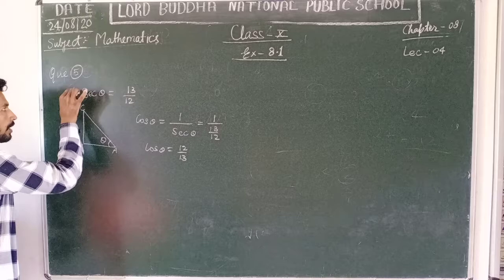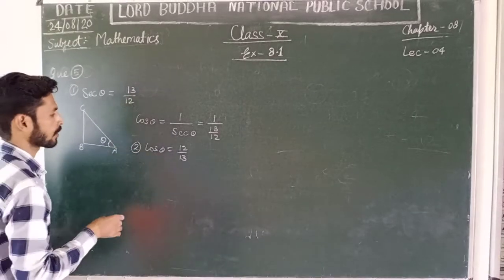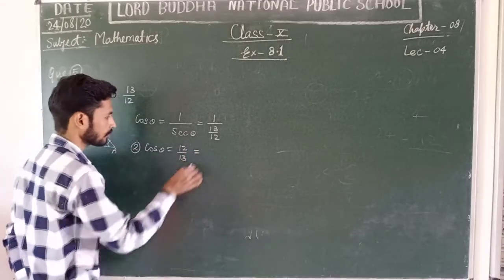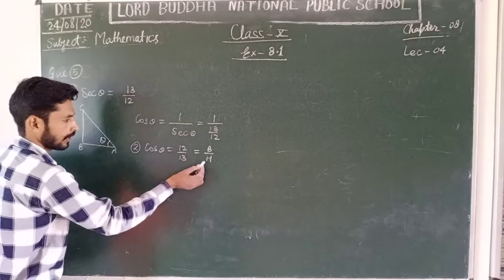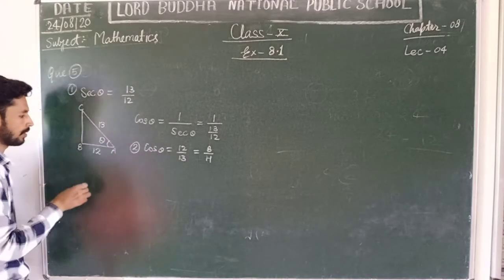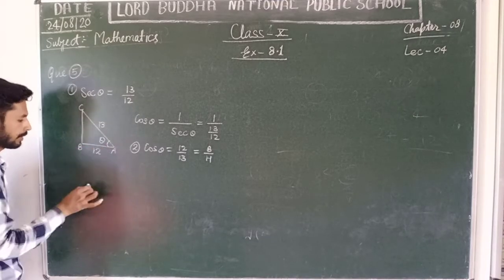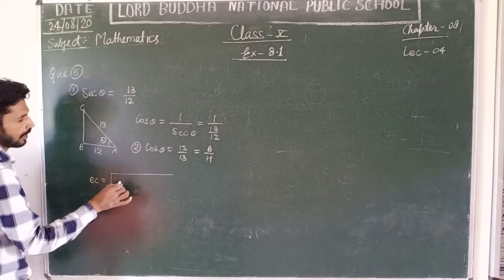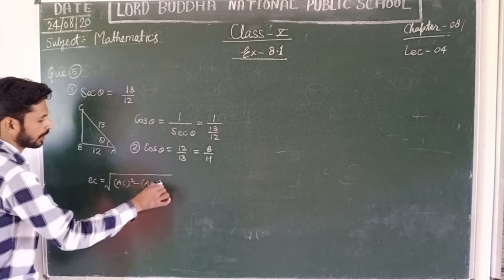So one trigonometric ratio is given and we have found the second, that is cos theta, and we know that cos theta is the ratio of base upon hypotenuse. So we can say hypotenuse is 13 and base is 12. By the Pythagoras theorem, perpendicular BC equals under root of hypotenuse AC square minus base AB square.